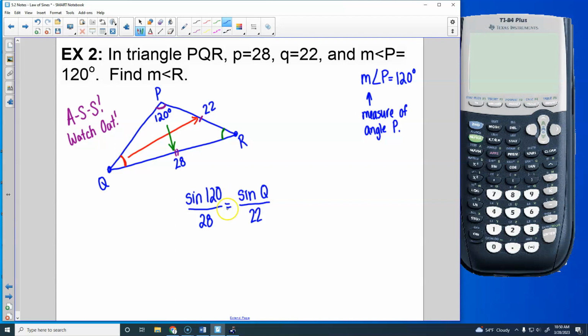So, much like the last problem, cross multiply. This time I'm going to get 28 sine Q equals 22 sine 120.